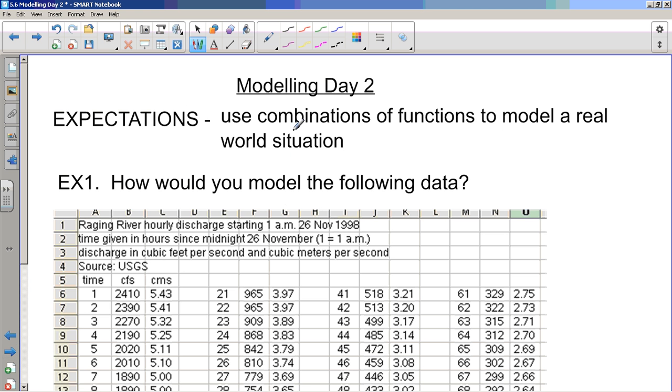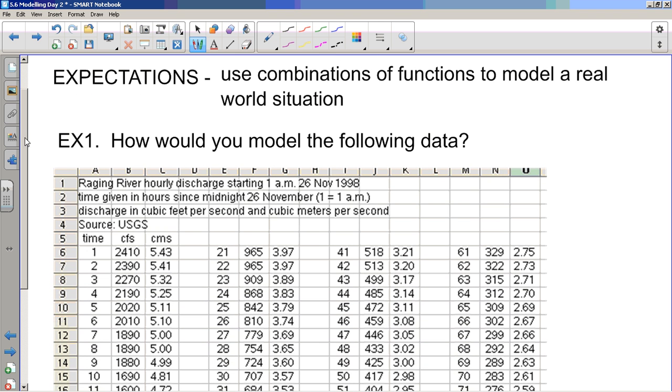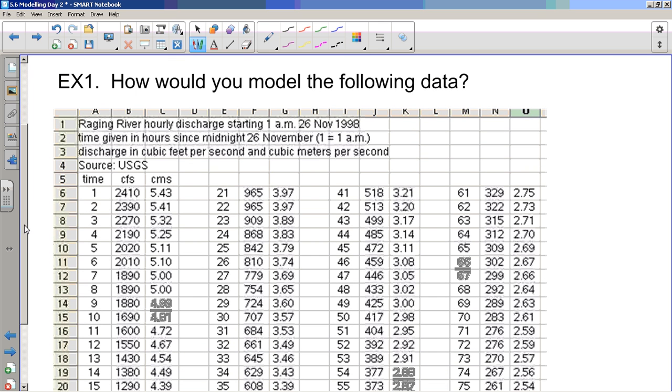In the note here, this is modeling day 2, which is essentially what we do when we're just given data. We've run across this earlier in the year. We did some of this in the trig section, and again in the exponential section, and all over the place. So a bunch of data, with crazy numbers.